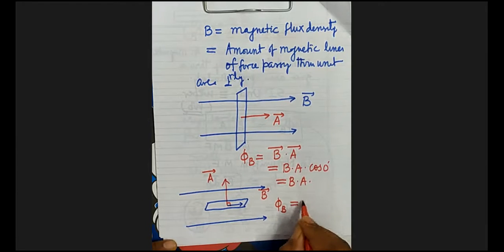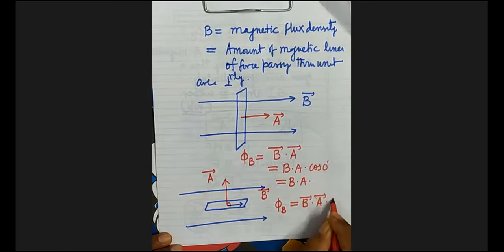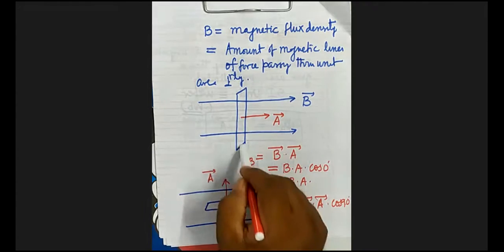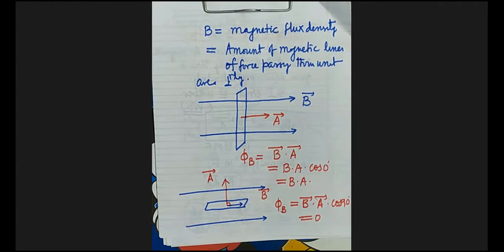And we will see that no magnetic flux is left. Cos 90 is 0. Means when the surface is held perpendicularly to the magnetic lines of force, maximum linkage of flux will be there. When it is held parallel, then linkage of flux will be minimum and it will be 0.